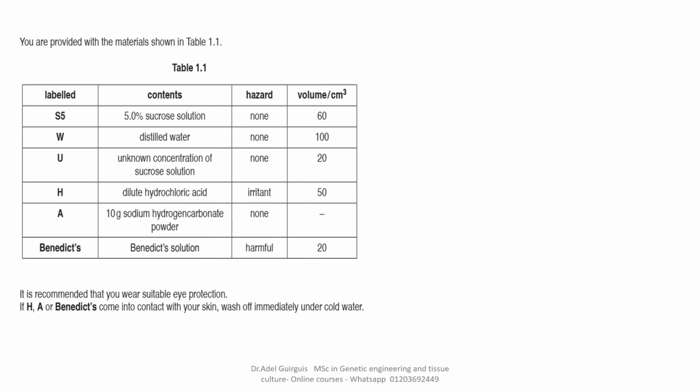You are provided with the materials shown in Table 1.1: S5, W, U, H, A, and Benedict's reagent with their contents.